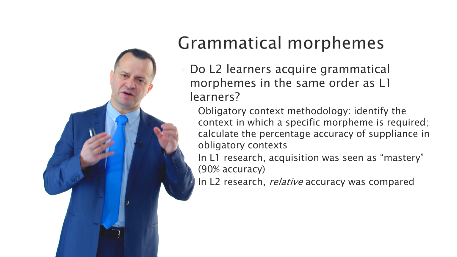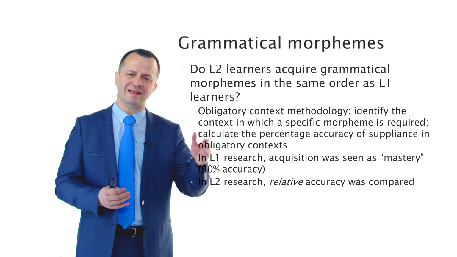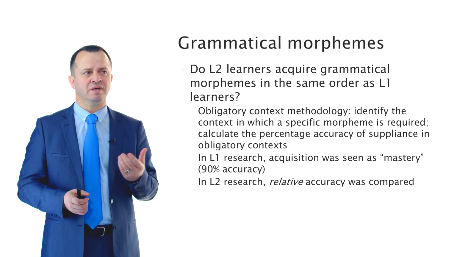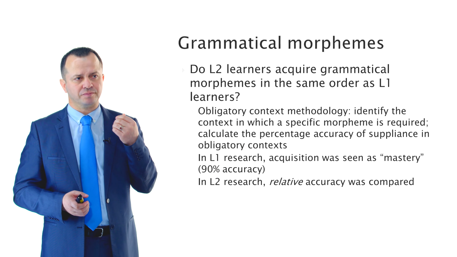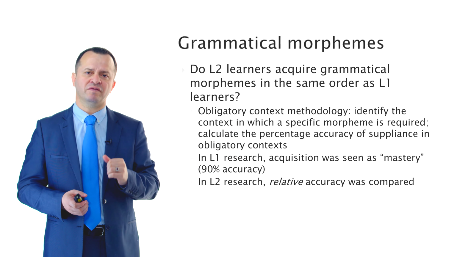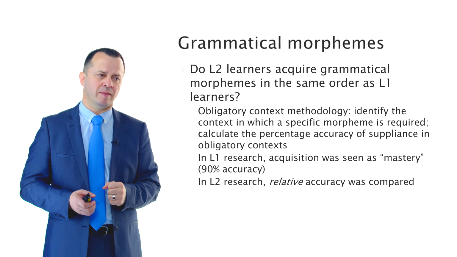Which morpheme is very complicated and he will learn at the end? That's what we call the hierarchy of morphemes. In L1 research, acquisition was seen as mastery, so 90% accuracy, and in L2 research, relative accuracy was compared. Let's see in the next slide.